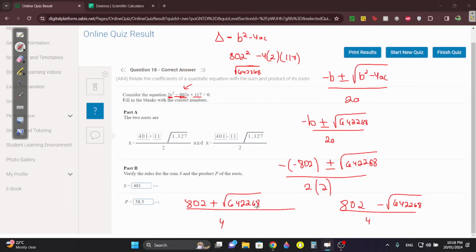Yeah, okay. On my calculator, when I do radical 642268, I get the number as a decimal. I don't know how it is on other calculators, but remember in grade 9 we learned that you can simplify radicals. Radical 642268 is actually, shift, fact.